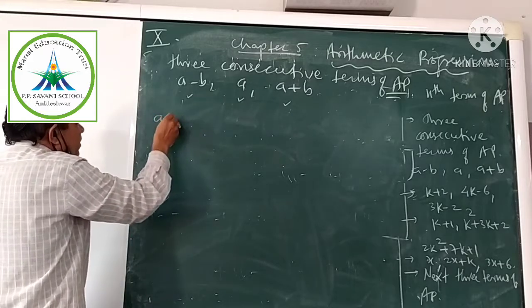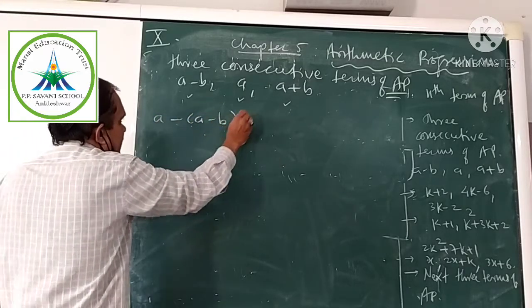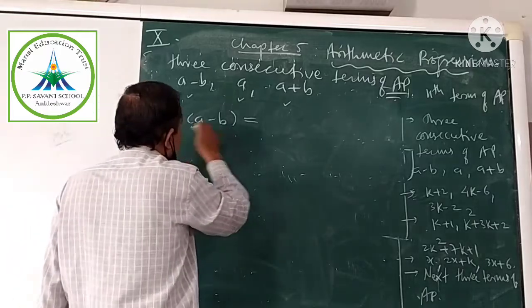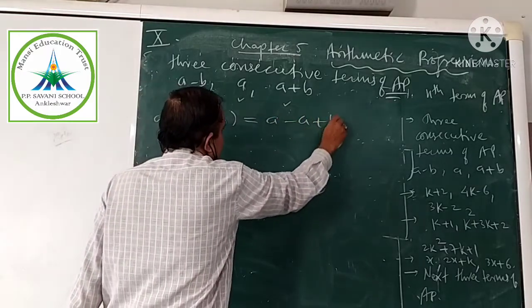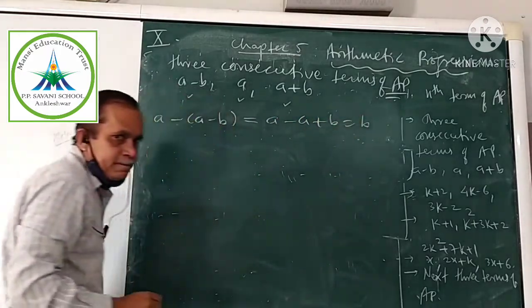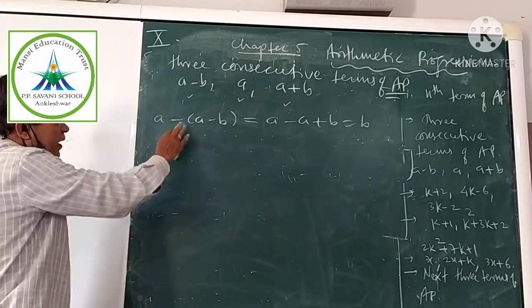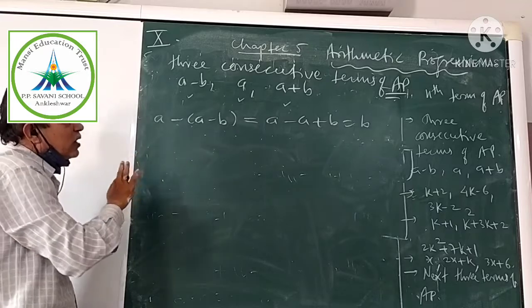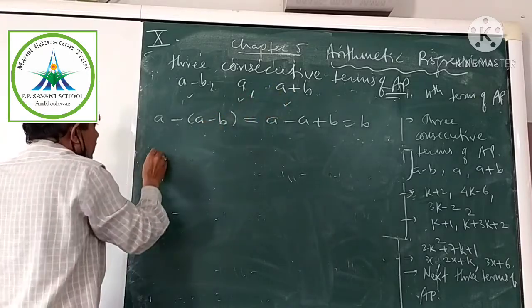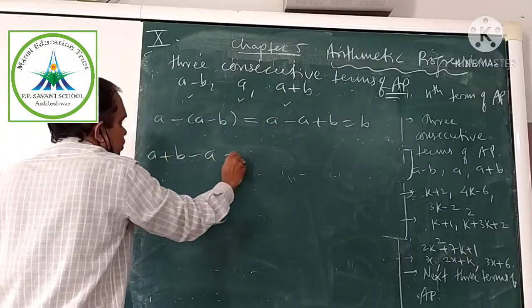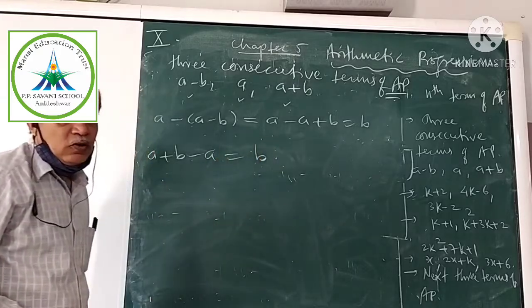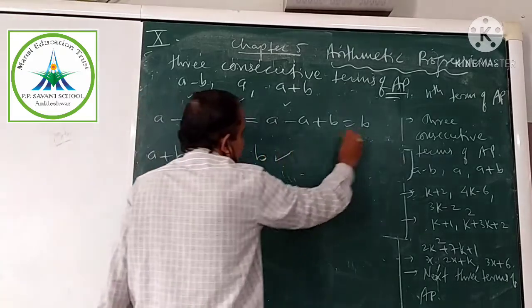So I am taking A minus (A minus D). That is what? You got it. A minus A plus D, that is D. Okay, students are understanding directly. But opening the bracket, sometimes we are not concentrating. Now taking the next one. A plus D minus A equal to D. Got it? So this has shown it is equal.